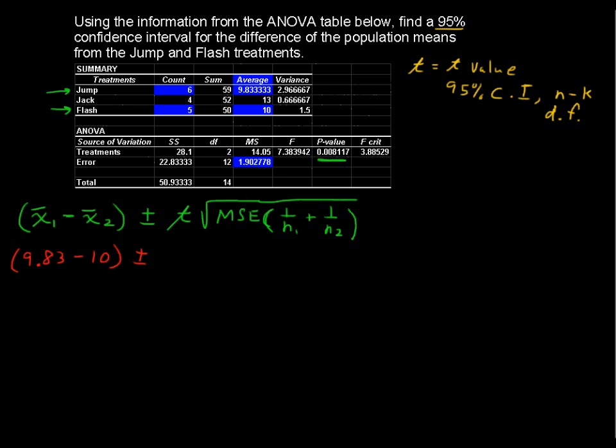The n in this formula, in the degrees of freedom, is the total number of observations, which in our case is 15.